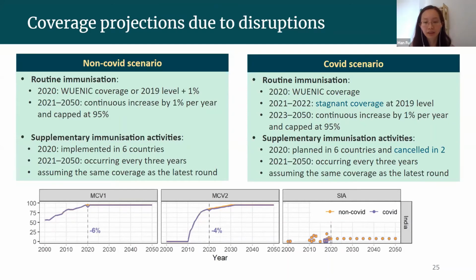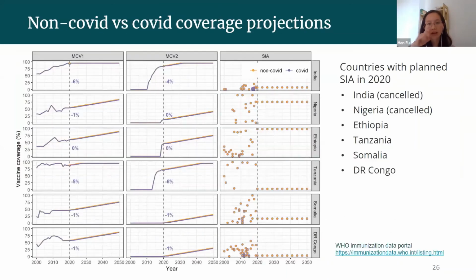Based on these assumptions, these are the coverage estimates for the 2 scenarios. The yellow lines and circles are the non-COVID scenario, and the purple lines and circles are the COVID scenario. For routine immunization, we can see a variety from 0% to 6% decline of the absolute coverage for MCV1 and MCV2.